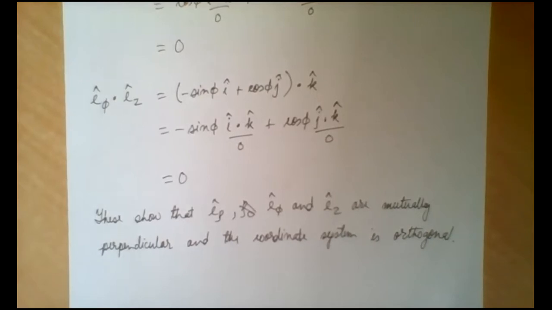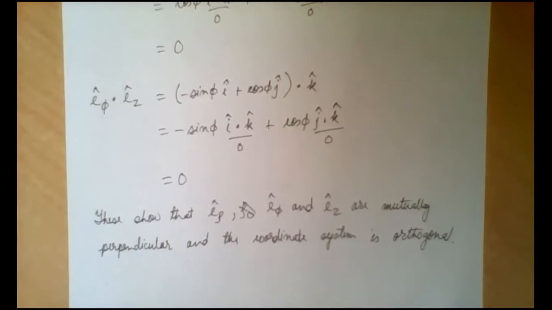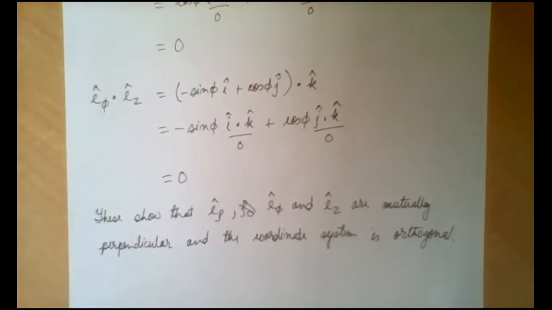The three coordinate surfaces intersect at right angles to each other, and the three coordinate curves are orthogonal, so the unit vectors are mutually perpendicular to each other. Now, for the homework.